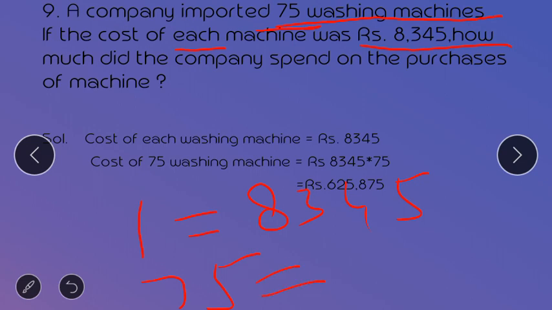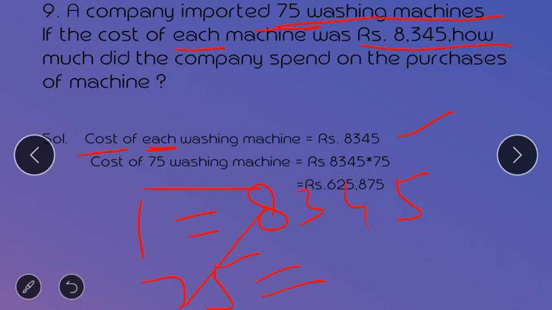It means you have to multiply. Cost, rate, price, all are the same. The cost of each washing machine is 8,345; each means one machine, children. So the cost of 75 washing machines is 8,345 multiplied by 75.